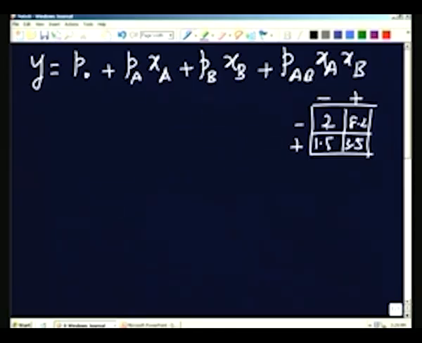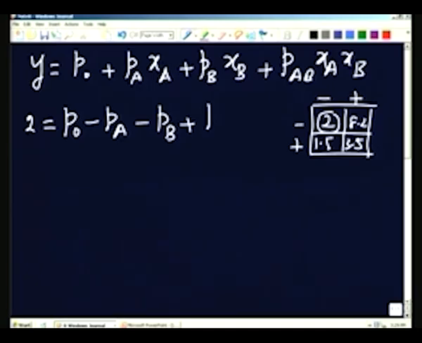So, this value, let us say 2, that is equal to 2 equal to P naught, both are minus. So, minus P A, minus means minus 1, minus P B, X A X B is 1, therefore, this becomes plus P A B. This corresponds to the first entry in the table.